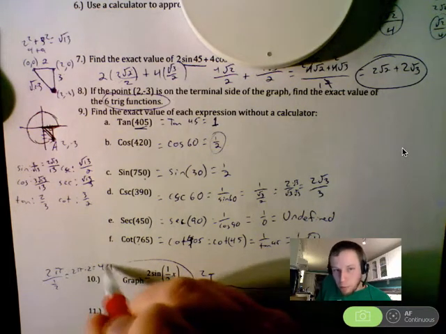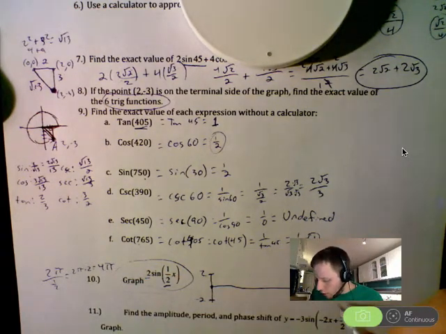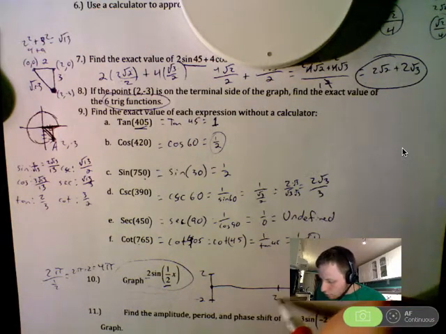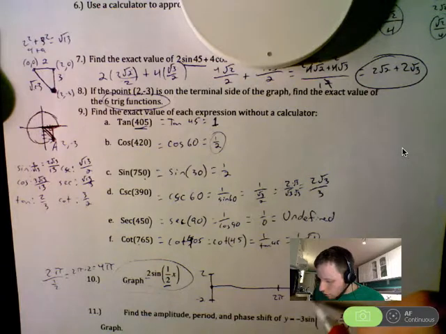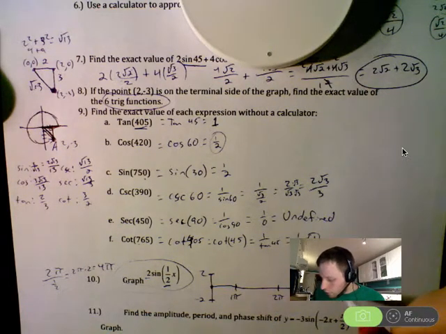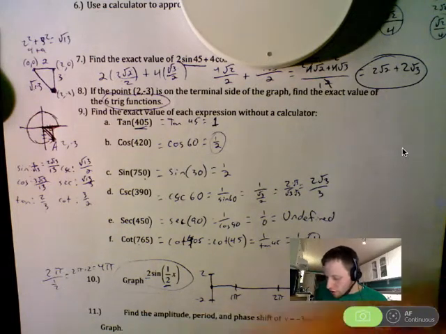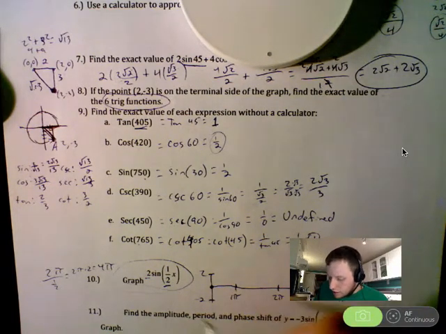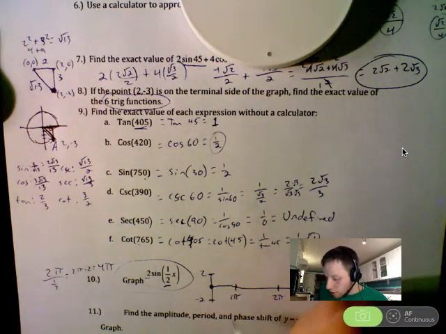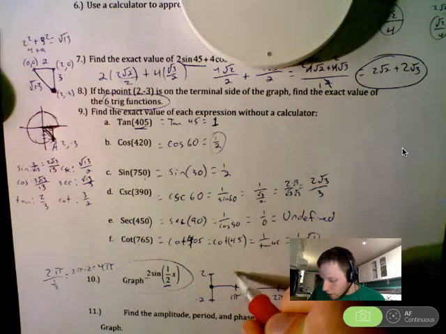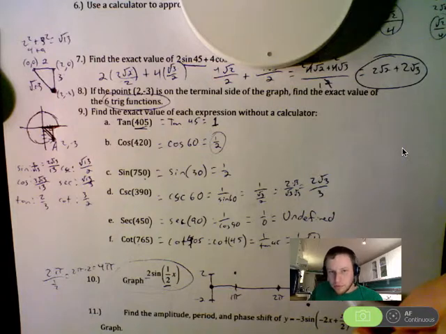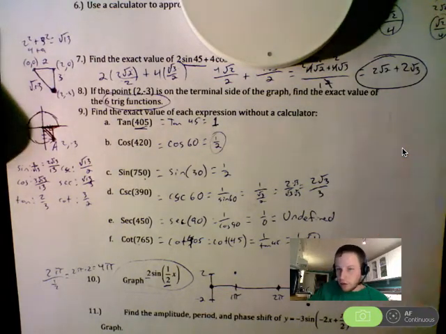So 4 pi is our period. So here's 4 pi, so this is 1 pi, 2 pi, 3 pi. Now, this is a sine graph, so it starts here. It doesn't have any vertical shift or any phase shift, so it does start here. It peaks here, crosses back over here, valleys here, and then restarts there.